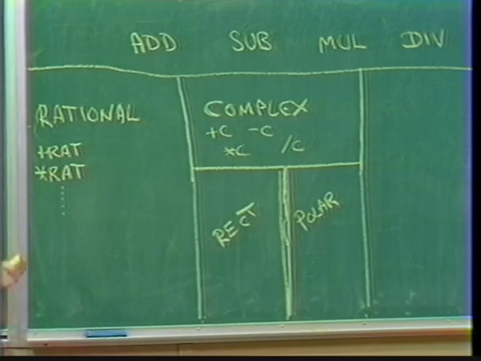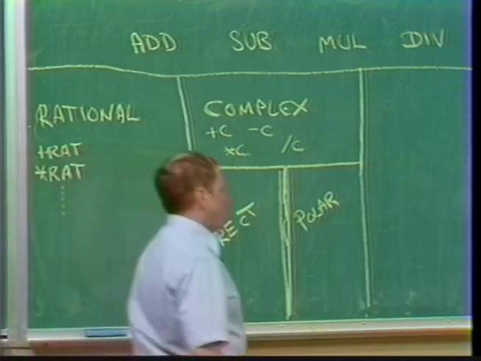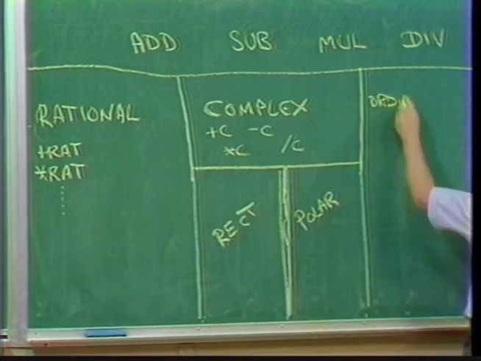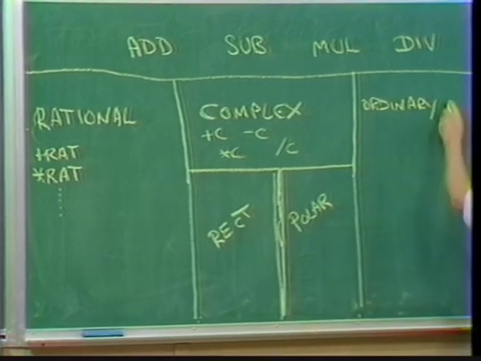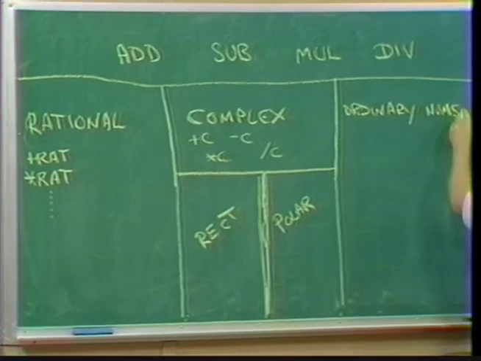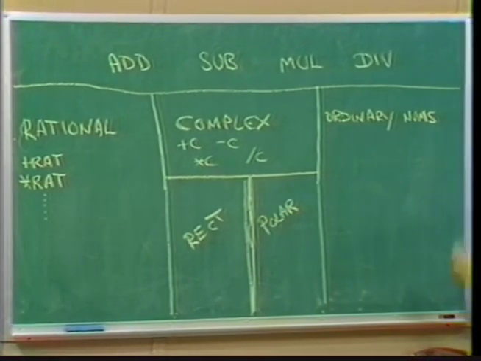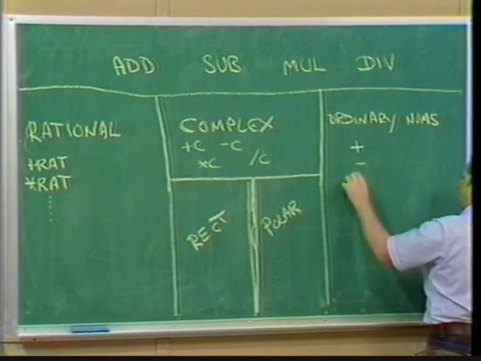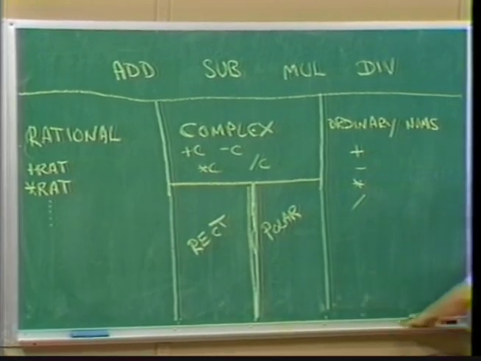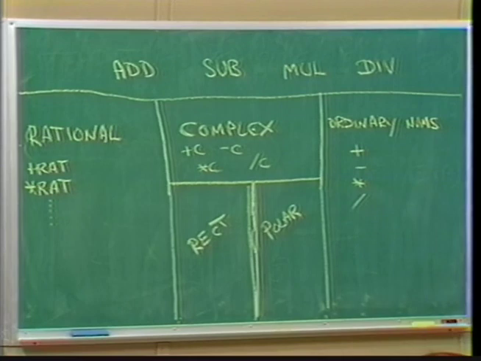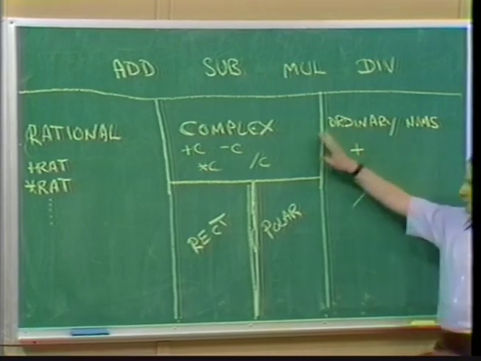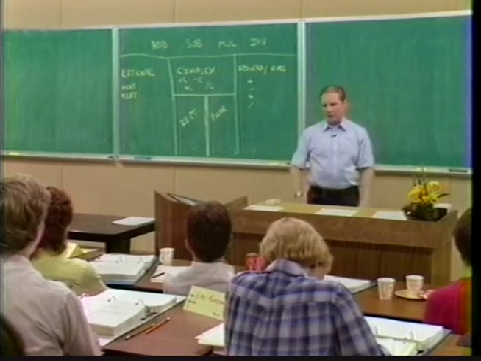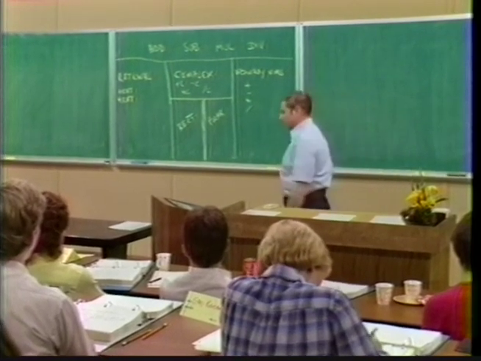Or you might have ordinary Lisp numbers. You might say add 3 and 4. So we might have ordinary numbers, in which case we have the Lisp supplied plus and minus and times and slash. Okay, so we might imagine this complex number system sitting in a more complicated generic operator structure at the next level up.